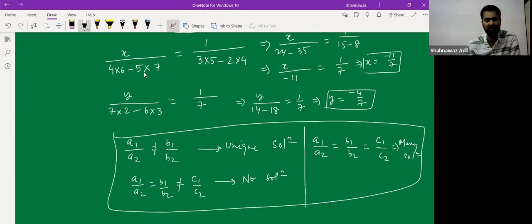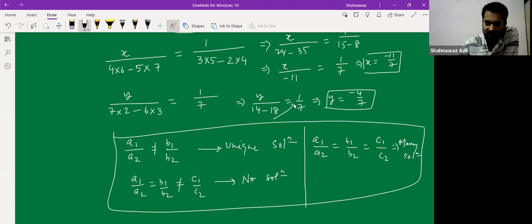Any question in the cross multiplication method? In the part where y by 14 minus 18 is equal to 1 by 7, what did you do after that, sir? So 14 minus 18 is minus 4.